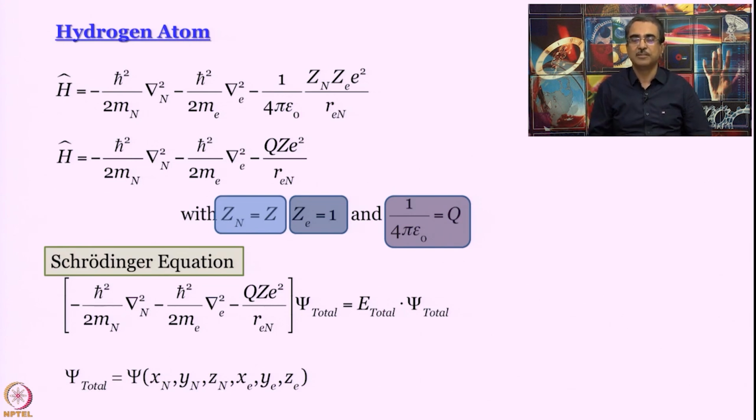But generally when we talk about psi total, we mean a spatial part of psi multiplied by a spin part of the psi. We are not going to get into spin in this course. Here when I say psi total, I mean the psi of the entire hydrogen atom, nucleus as well as electron. That psi is going to be a function of xn, yn, zn, xe, ye, ze. All the 6 coordinates will be there.